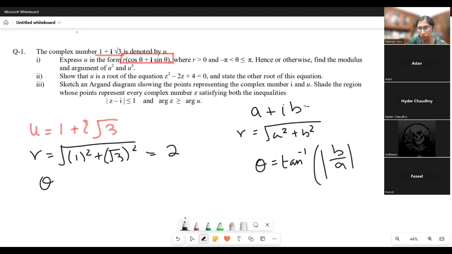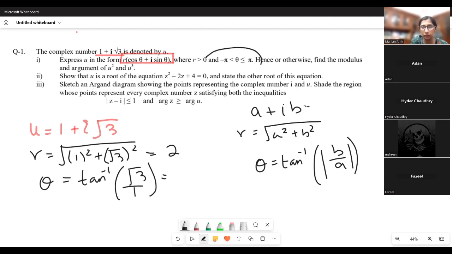So you have to initially ignore the sign. So here the sign is plus anyway. So theta is tan inverse under root 3 upon 1. Stick to radians because it says so in the question. Tan inverse under root 3 is 1 by 3 pi, which is 60 degrees.